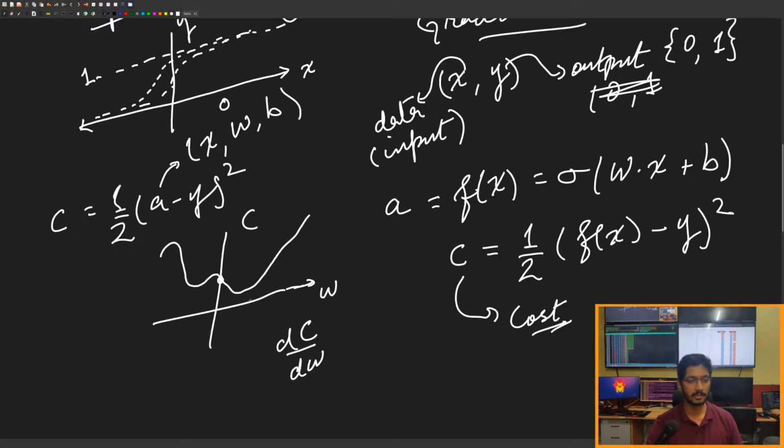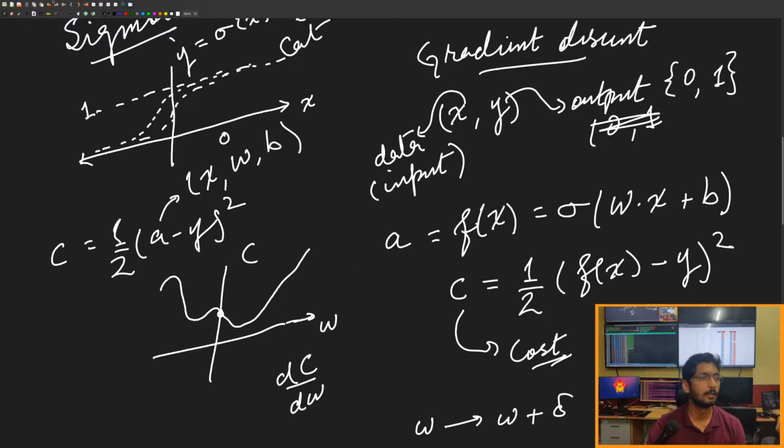It gives me a measure of the slope, whether it's sloping this side, or sloping upwards. Here it's sloping downwards, and therefore I want to go right. So I want to move w rightwards. So my w should move to w plus delta, because I want to go rightwards.